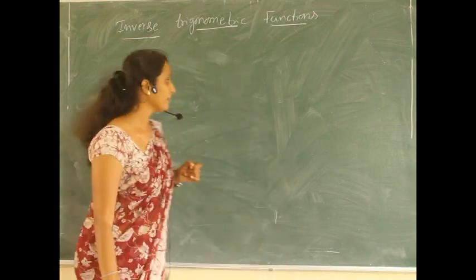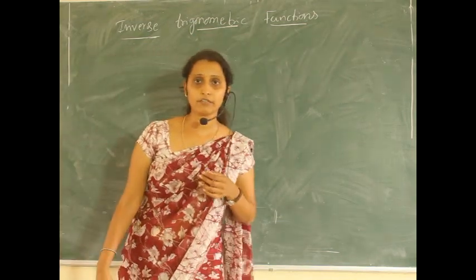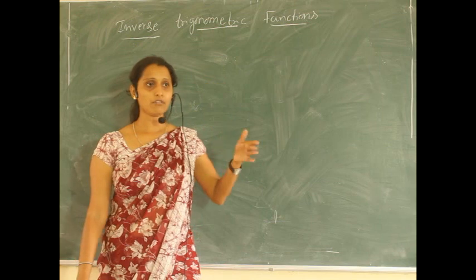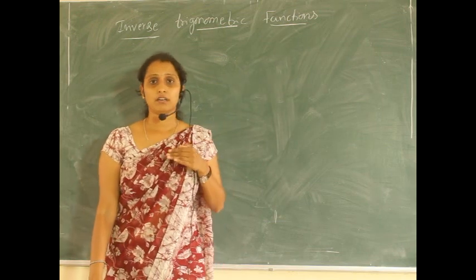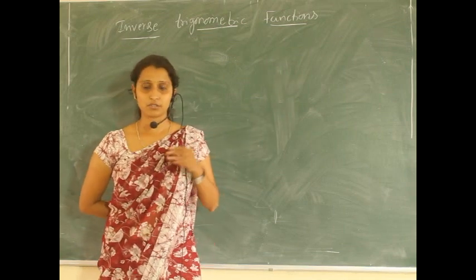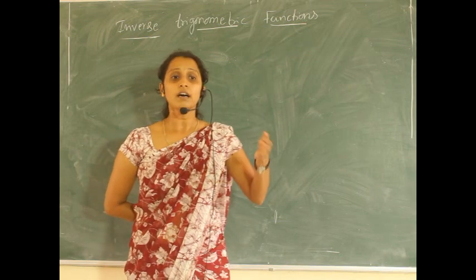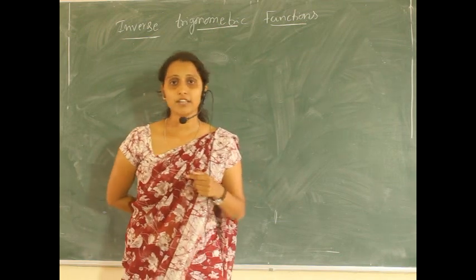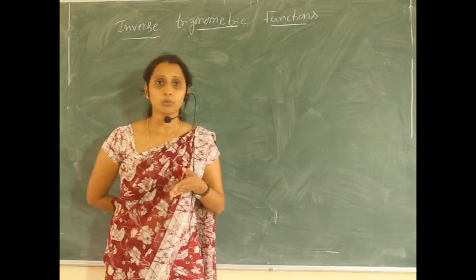In that we have discussed the domain and range of all the inverse trigonometric functions, as well as the graph of all the inverse trigonometric functions, and we have seen some of the properties of inverse trigonometric functions. For both the classes I have discussed the properties as well as domain and range, and for one class I have discussed some of the problems also.